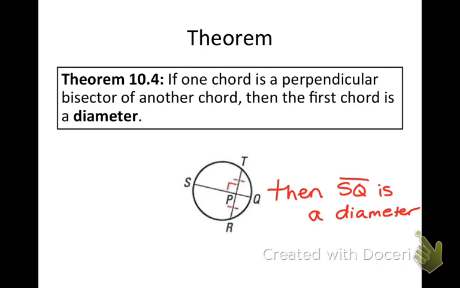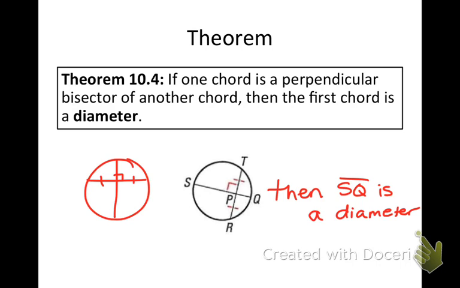So you might be asked questions like, is this a diameter? The way you would determine that is if you have the perpendicular part and the bisector part. What if the bisector was at a different angle?